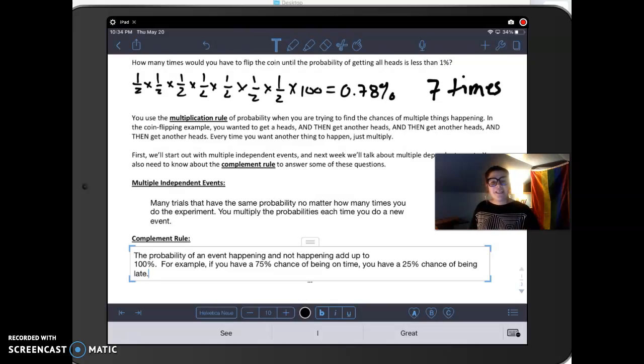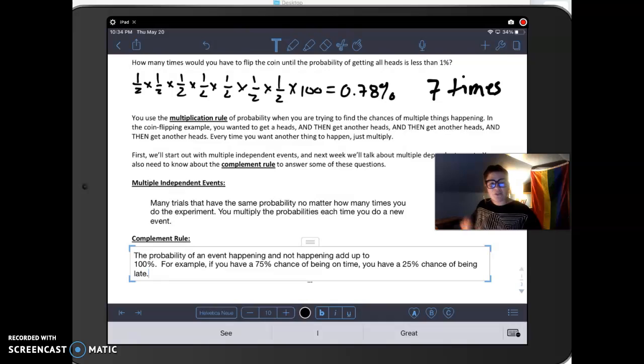Okay, so the big idea here is the complement rule says that the probability of an event happening or not happening add up to 100%. So heads or not heads, that's 100%. 50-50 add up to 100. For another example, you have a 75% chance of being on time, which means you have a 25% chance of being late.